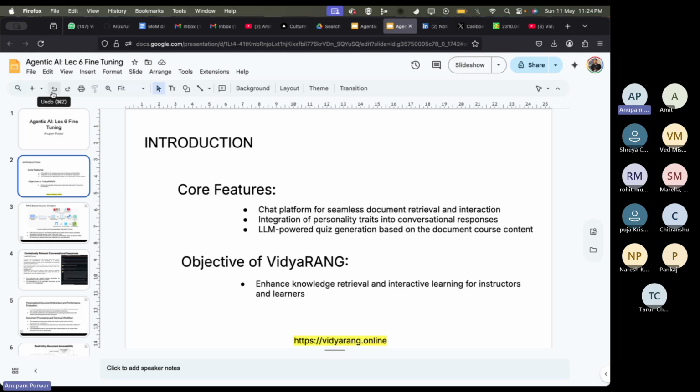For example, you can select that it should talk like a professor, or like a primary school teacher, or like a doctor. Those personas, the personalities of a teacher, are not going to change much, but knowledge is something which will keep evolving. So that's why Vidyarang uses fine tuning for personalization, whereas it uses RAG for feeding the latest information.